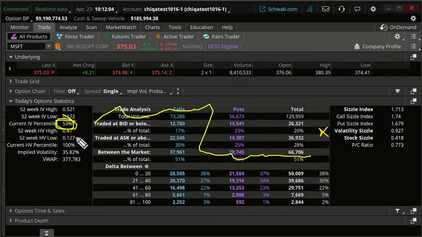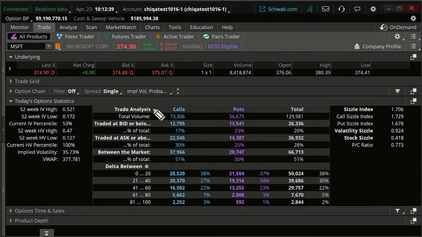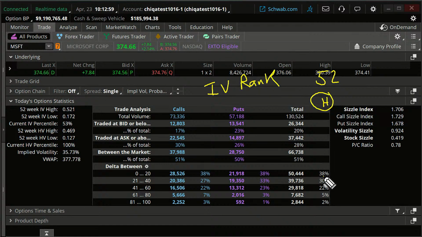So if I'm looking for something with a high implied volatility, then I may consider a script for it. And the alternative that sometimes I get asked about is the IV rank. IV rank, again, is looking at the last 52 weeks, and it's not looking at the percentage of time above or below it. It's where it is compared to the range, compared to the high level and the low level.